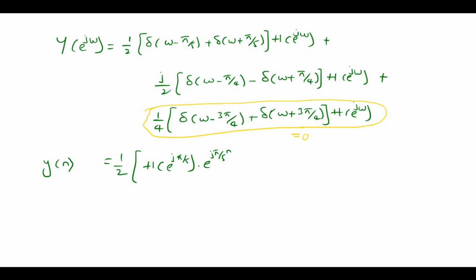Okay, next the second term: plus H of e power minus j pi by 5 into e power minus j pi by 5 n. Plus the next term, j by 2 into delta of omega minus omega c.